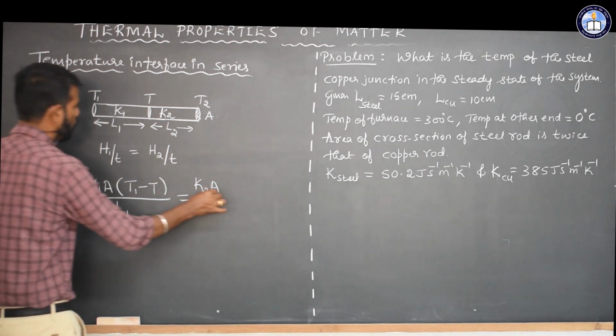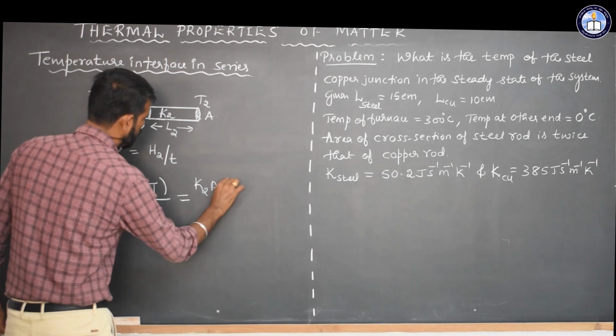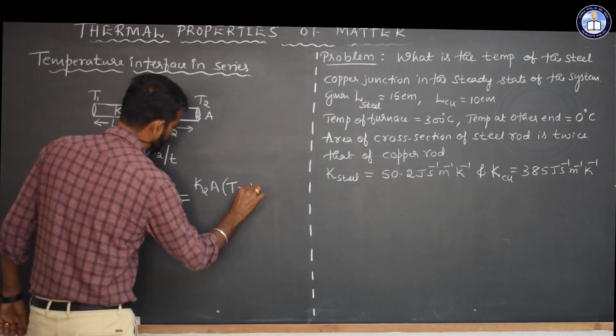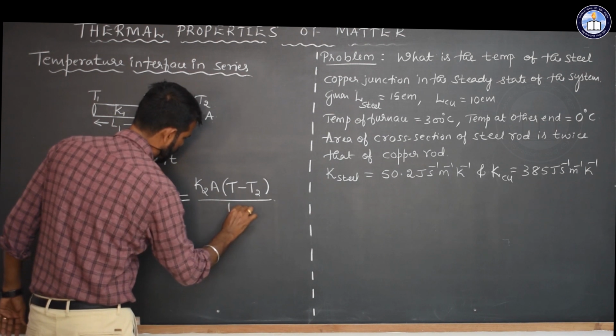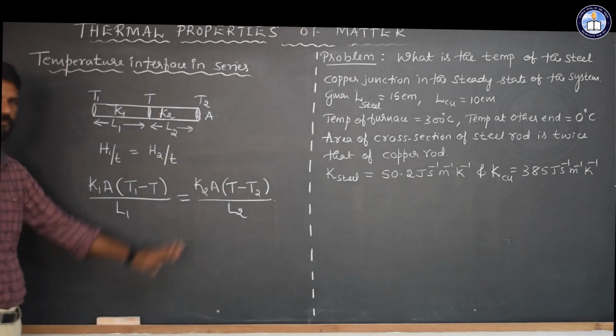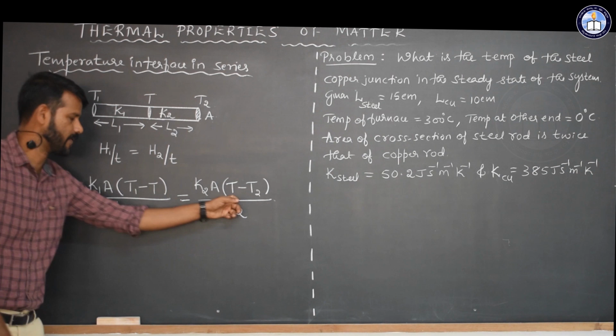K2 A of T minus T2 divided by L2. So this is the formula to calculate the interface temperature T.